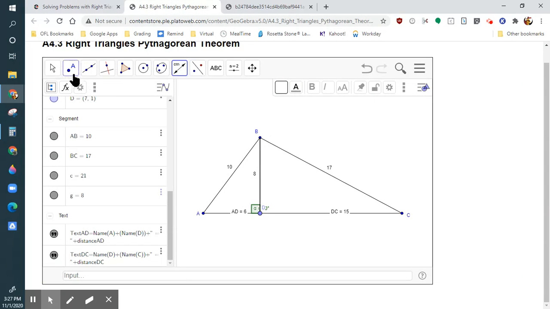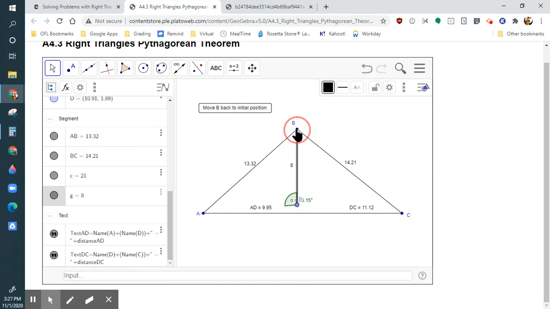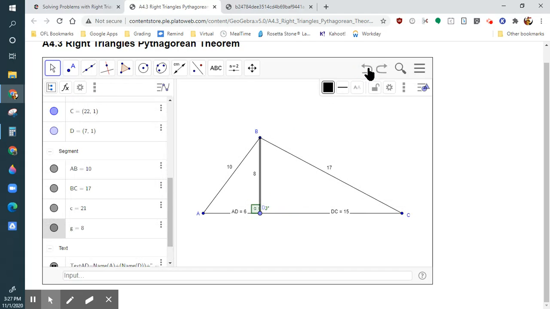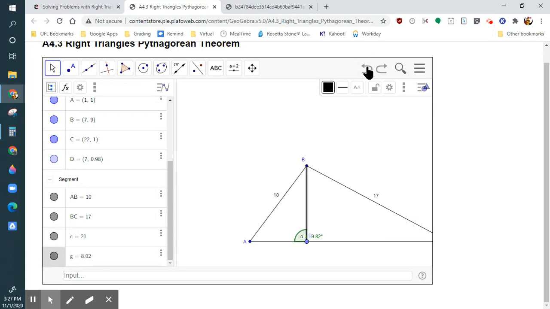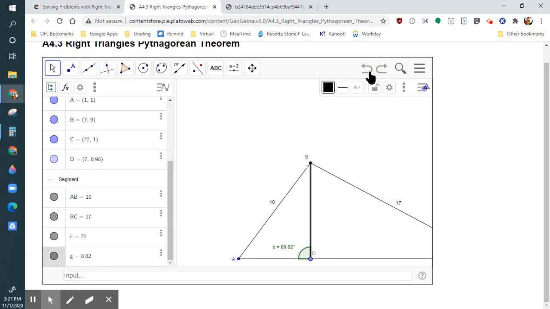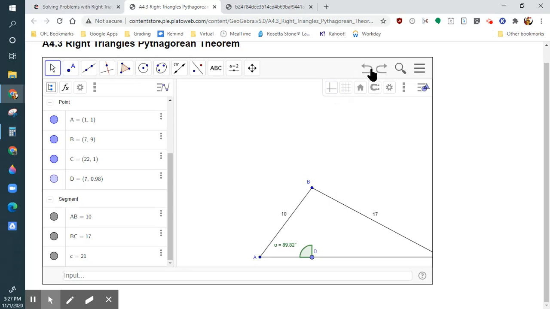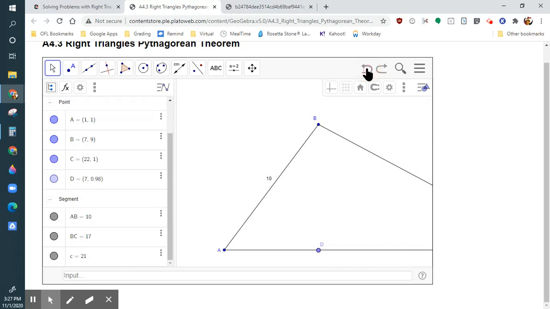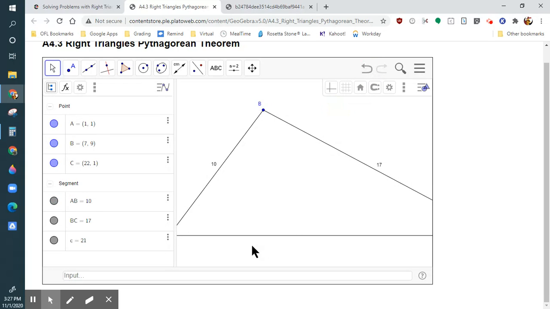Now we're going to move this. Oh, this is the downside to doing it the way I did it. Let me see if I can find this a little better. I'm going to see if I can make this work with the perpendicular line. All right.